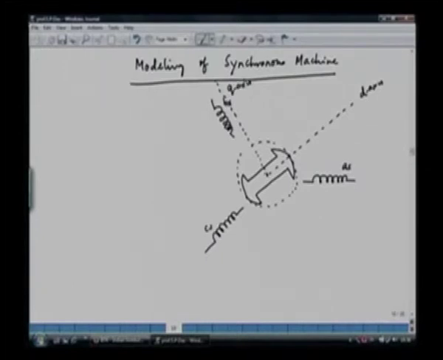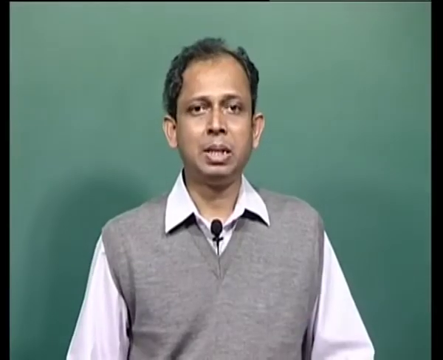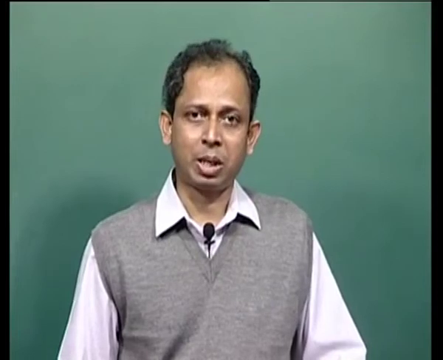So in the rotor we have windings on the rotor. The rotor has got the field winding and also the damper winding. So the field windings are here, and this is excited by a DC voltage source VF, and we also have the damper windings in the rotor. They are present in the D axis and Q axis respectively.